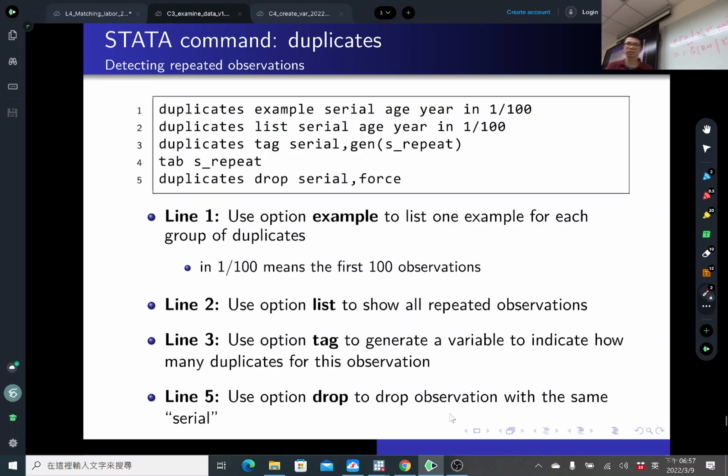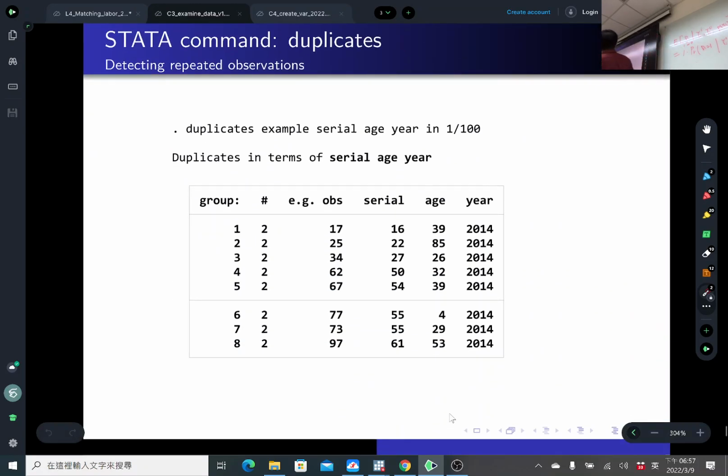If you want to know whether observations share the same household ID, age, and year, this gives you some examples: observation 17 and observation 25 are duplicates.